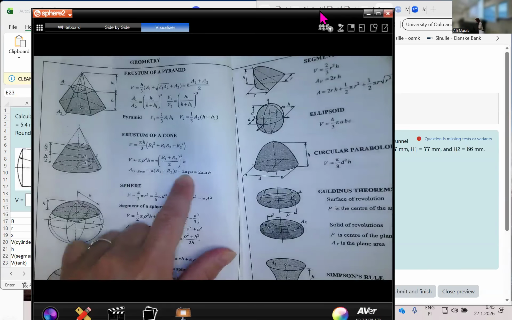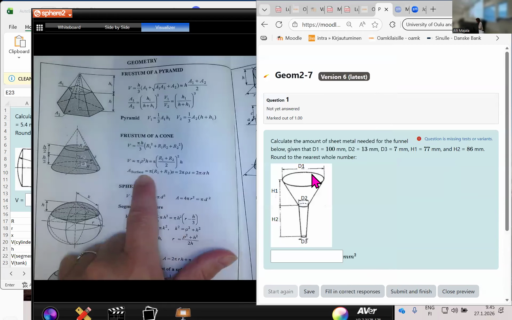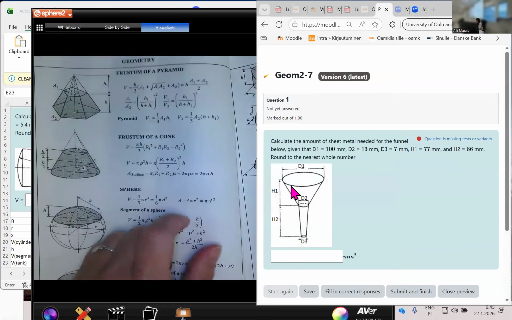Area surface comes from there because it says how much metal you need for these. So it's basically using this equation here.